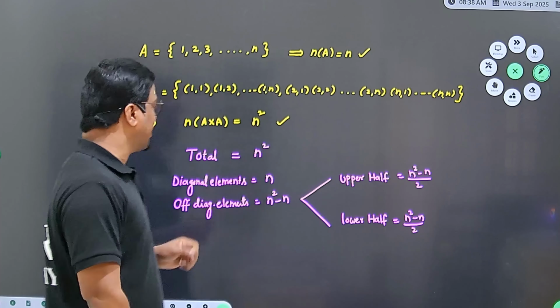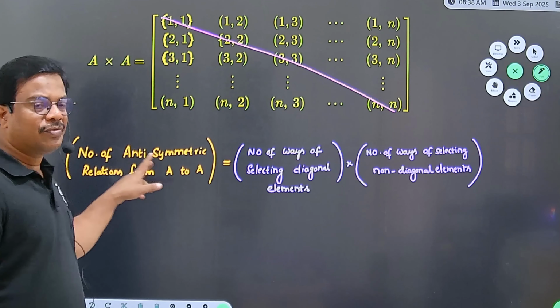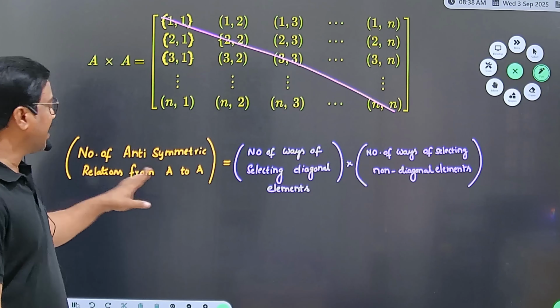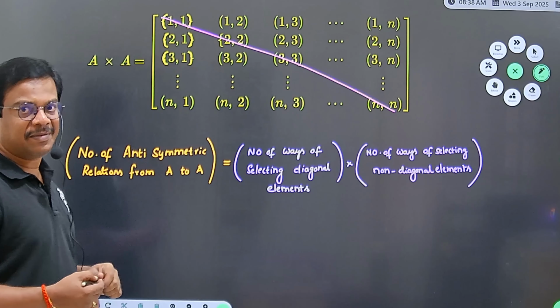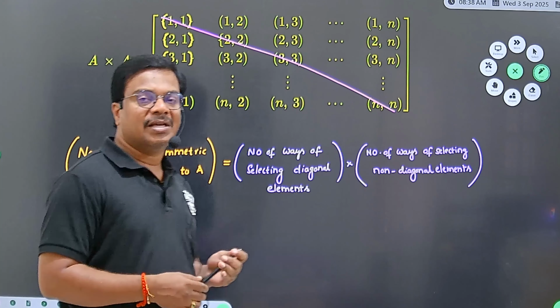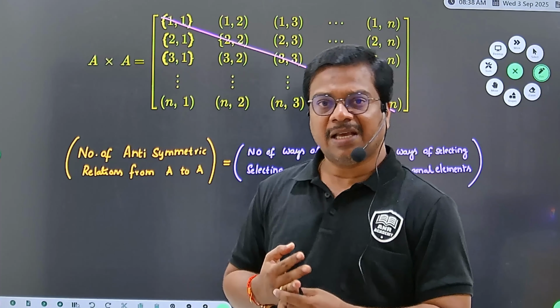That is very clear. Now, see how to find the number of antisymmetric relations from a given set capital A to A itself. We know that every subset of A cross A is called a relation.